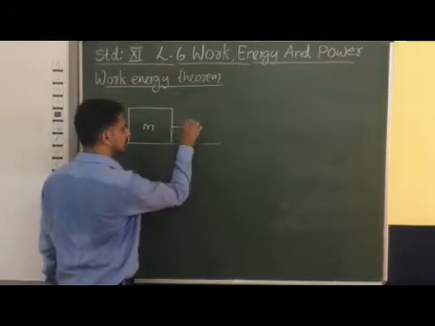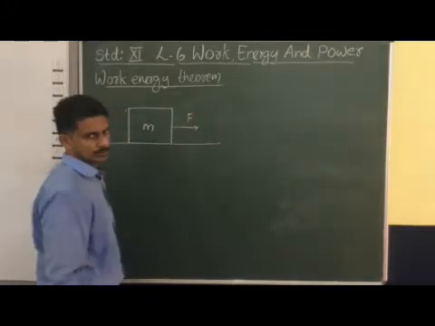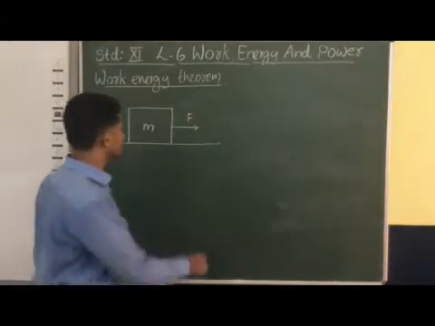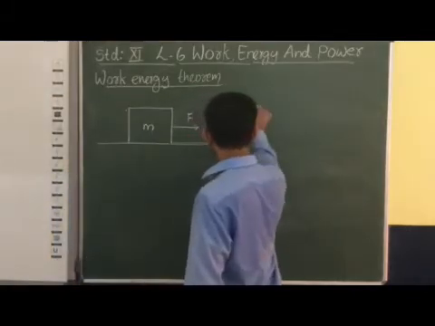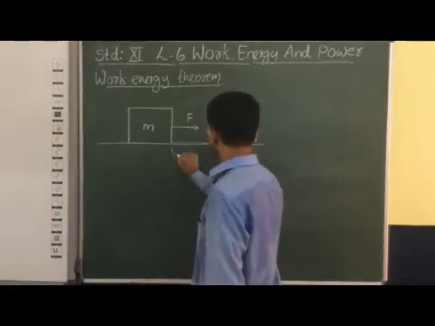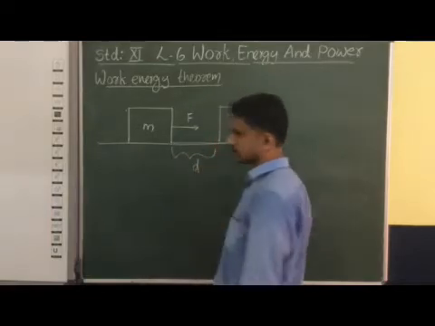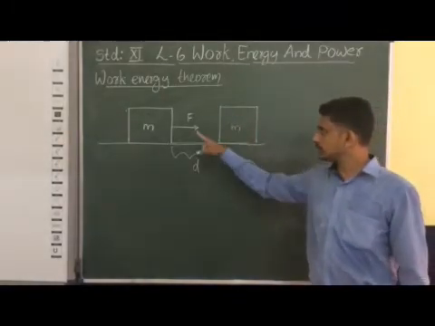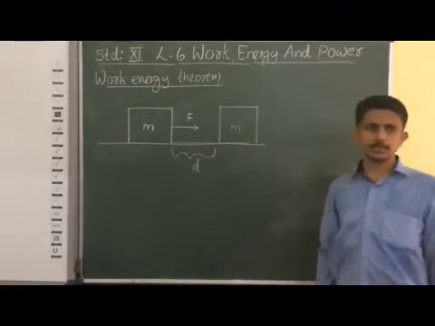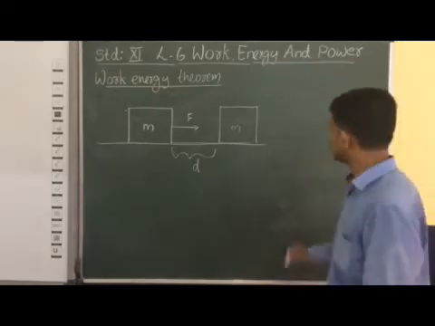Suppose a force F acts on this object. Because of this force, the object moves a certain distance. Let D be the distance traveled by this object. In this case there is a force and a displacement, so of course work is done.